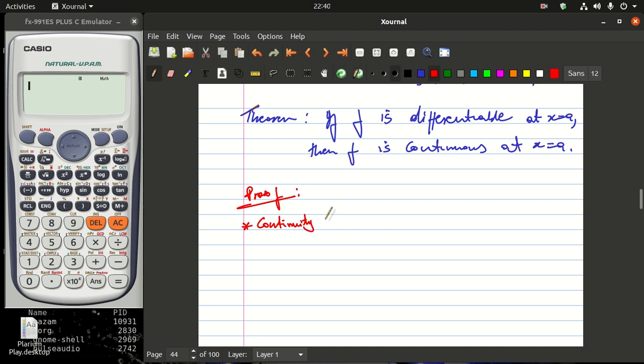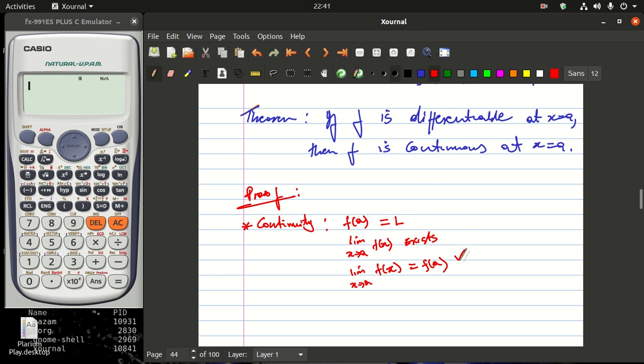If you can prove that f of a is equal to some value L, and then that the limit as x approaches a of f of x exists, or the limit from the left and from the right are equal, and thirdly, that the limit as x approaches a of f of x is equal to f of a, then you have proved continuity.